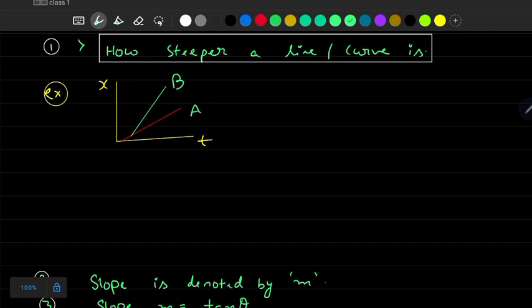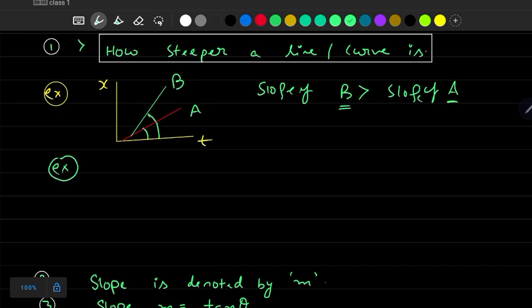You can see that line B is steeper, line A is less steep. Line A is making a smaller angle, line B is making a larger angle. So slope of B will be greater than slope of A. I hope this is clear, because line B is steeper and line A is less steep.